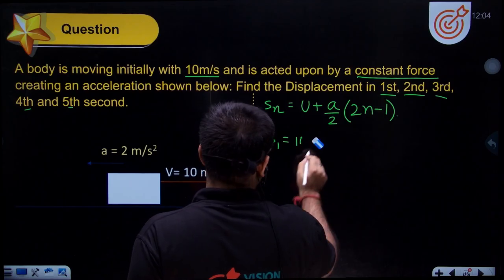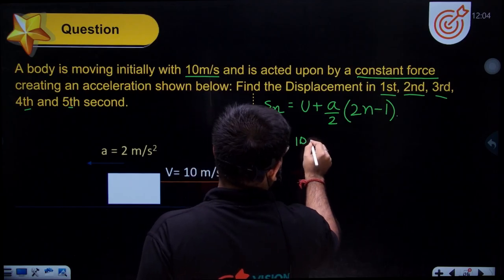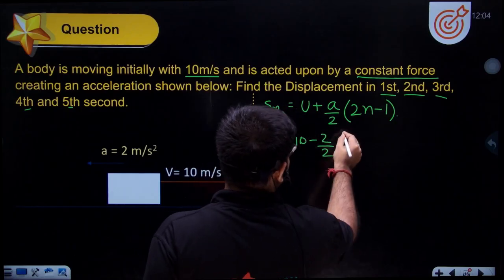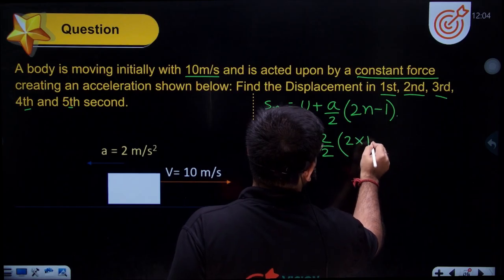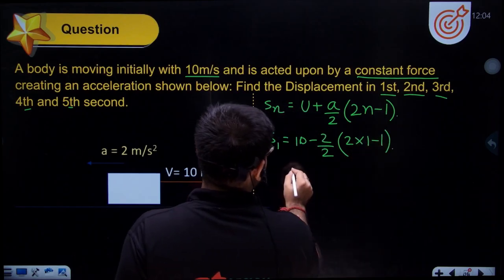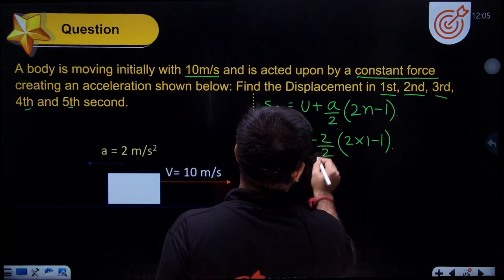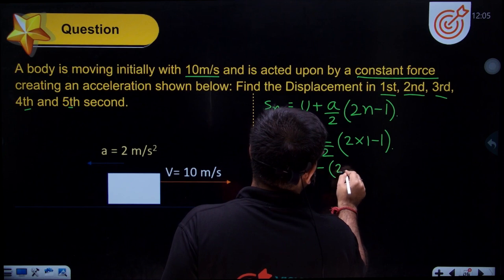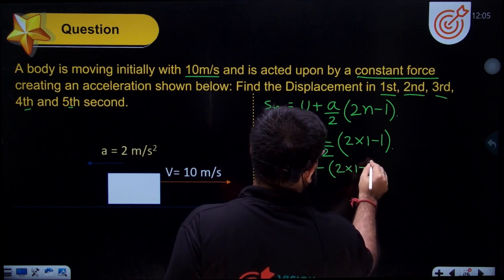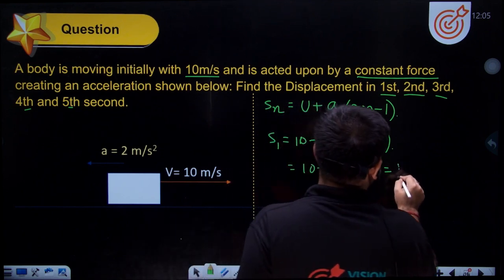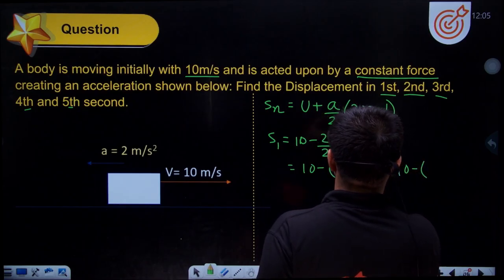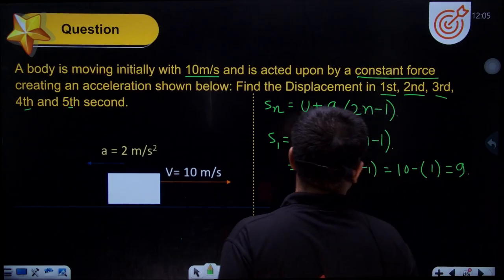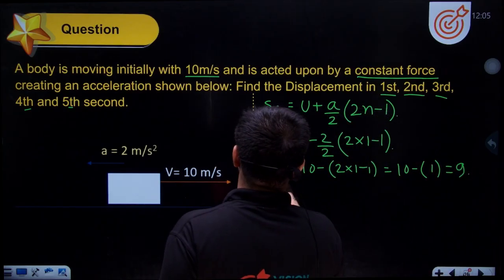So it is not going to be actually plus. साइन को आप थोड़ा सा ध्यान से देखिएगा, ठीक है, और 2 into 1 minus 1, ठीक है. तो यहां से हम एक काम करते हैं, that is 10 minus, okay, 2 into 1 minus 1, what it gives you is 10 minus 1, 9, right? So S1 is 9.